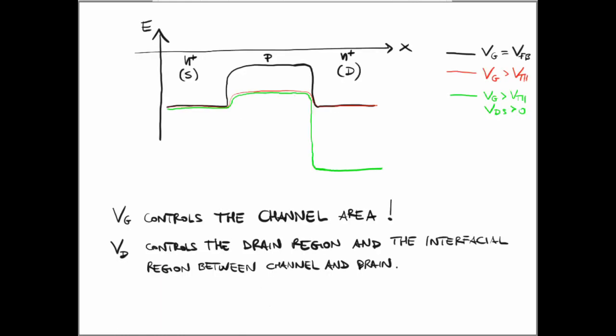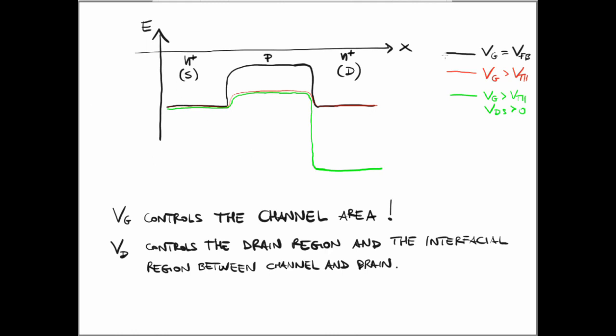Let me stress here a very important point that we will touch again very soon when we deal with the scaling issues of a MOSFET transistor. If we look at the energy diagram of our semiconductor, of our drain, channel, source regions, but very, very close to the interface with the MOS stack, we should be able to see what I've drawn here.